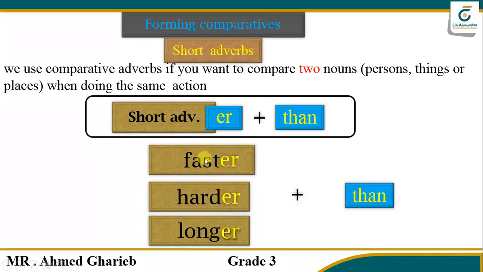This is how to form the short comparative adverb. But be careful, because all these adverbs come after a verb. This verb isn't verb to be, it's just an action verb like walk, drive, bake, swim, and so on.